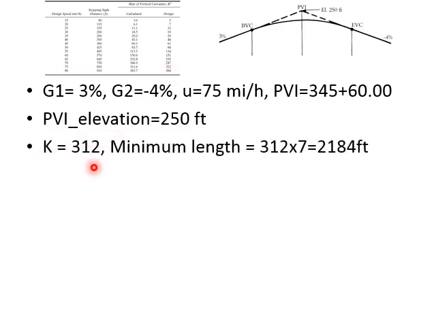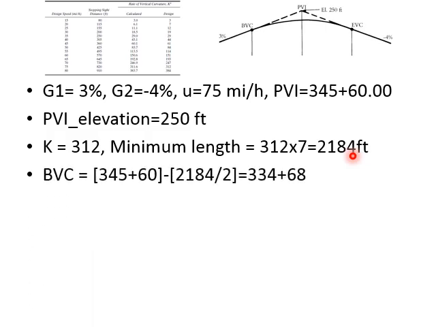Then length equals K into A, where A is the absolute difference of gradients. If you do minus 4 minus 3, you will get minus 7. If you take absolute, it will be 7. So K into 7 will give you 2184 feet. So this is the minimum length of the curve. Since it is a crest curve, I only need to do the sight distance criteria. So this is the final length of the curve.